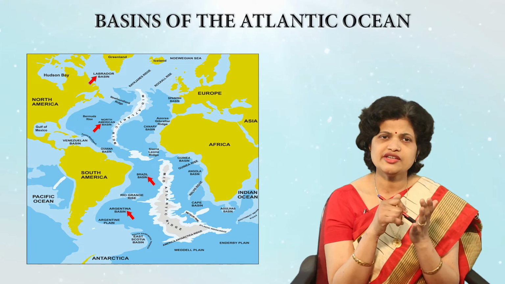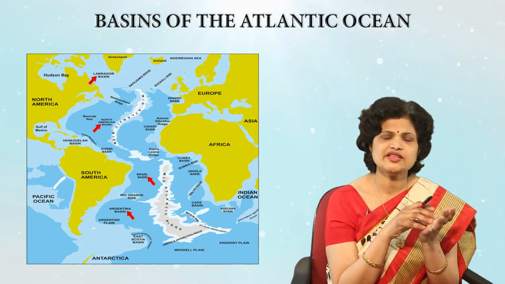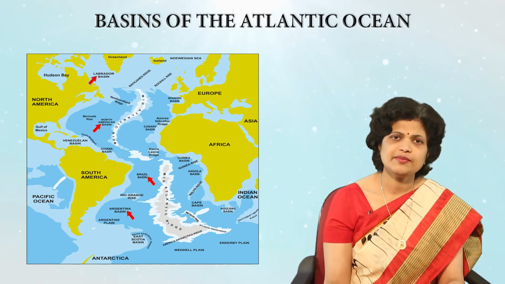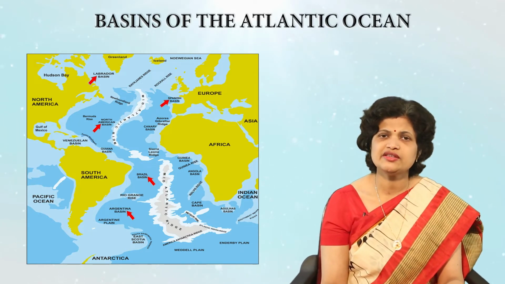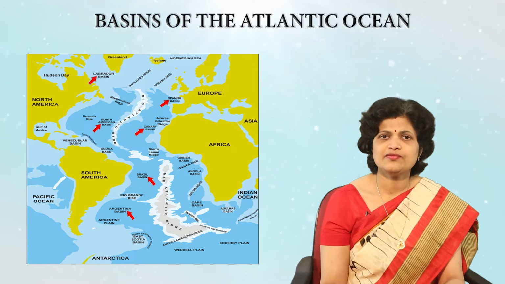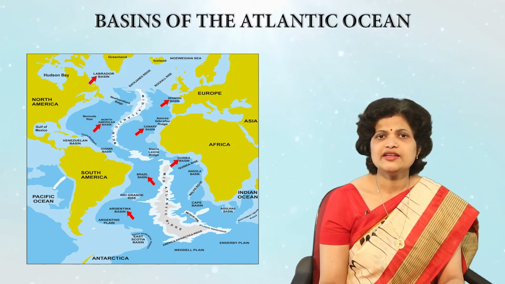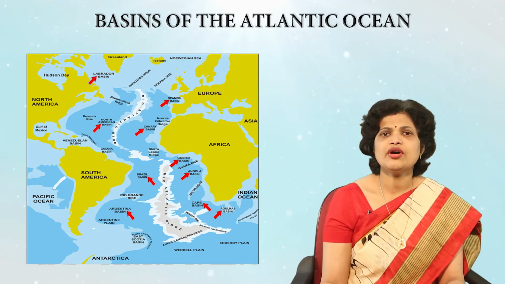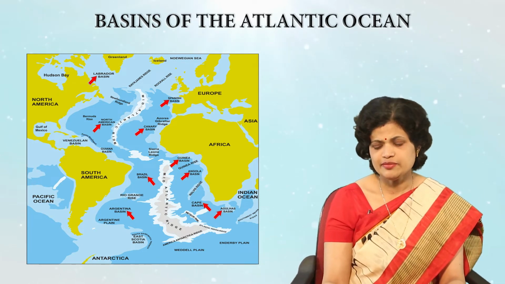So the western part has four basins, which I have already told just now, and the eastern part has basins like Spanish Basin, Canary Basin, Cape Verde Basin, Guinea Basin, Angola Basin, Cape Basin, Agulhas Basin and North Indian Antarctic Basin.